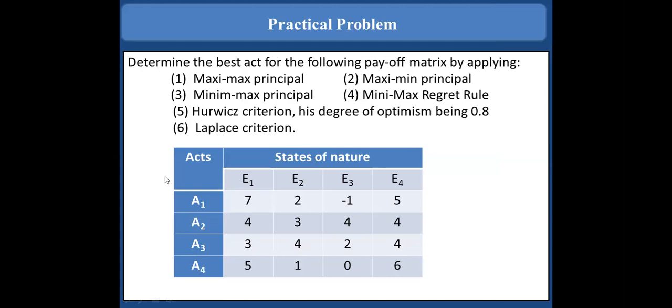Okay. So earlier we have discussed four criteria, that is the Maximax rule, Maximin rule, Minimax rule, and Minimax regret rule.